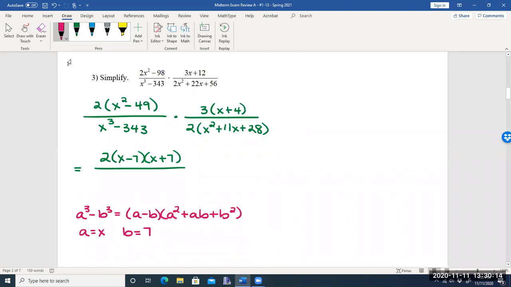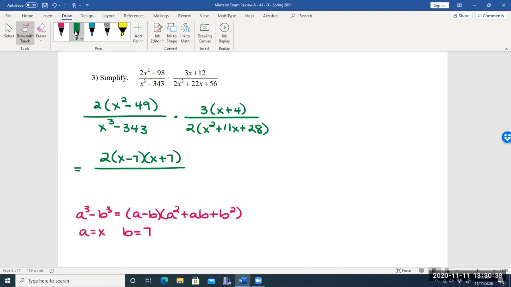When you see an x cubed, you definitely want to look to see if it's a sum or difference of cubes. And 343 is 7 times 7 times 7. You could test it out in your calculator to see if 343 is a perfect cube. You could also use the cube root button on your calculator.